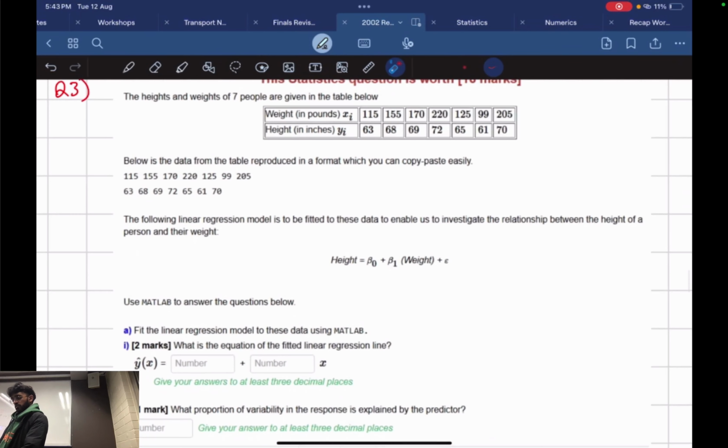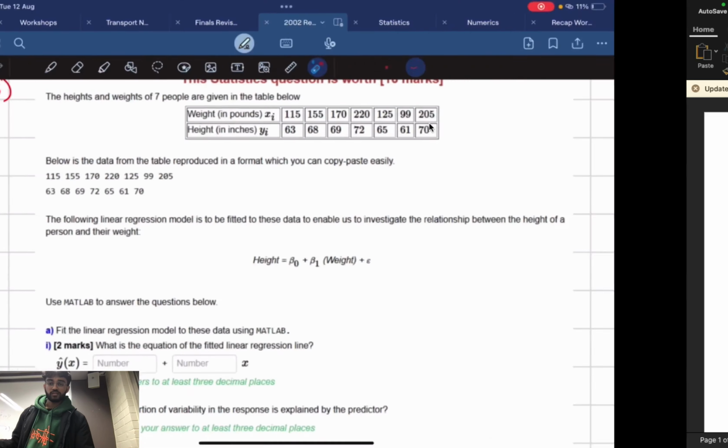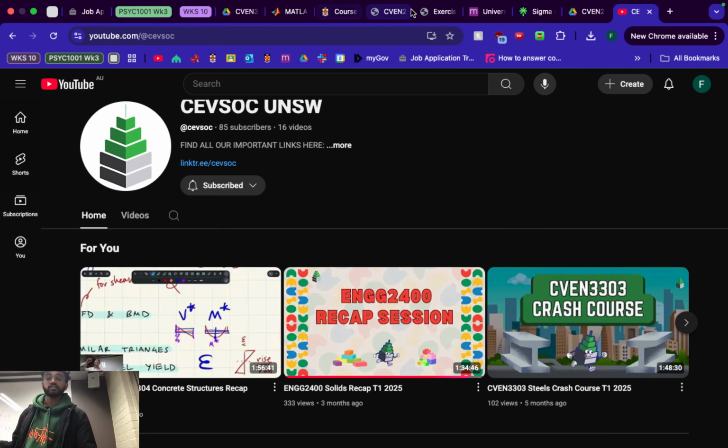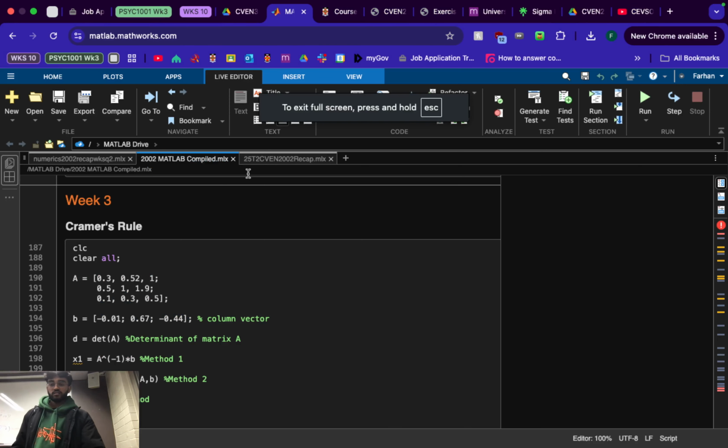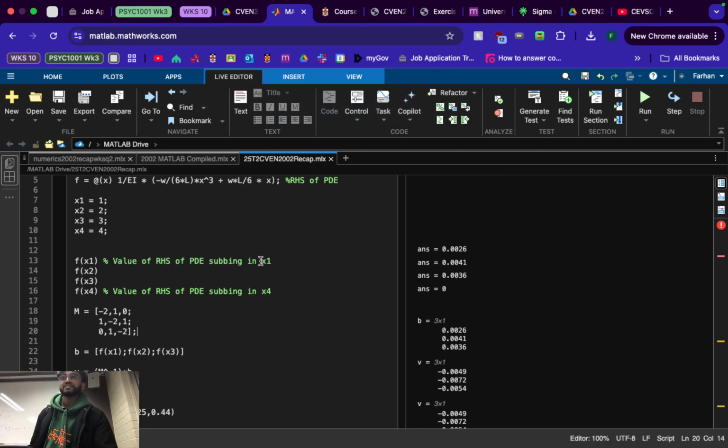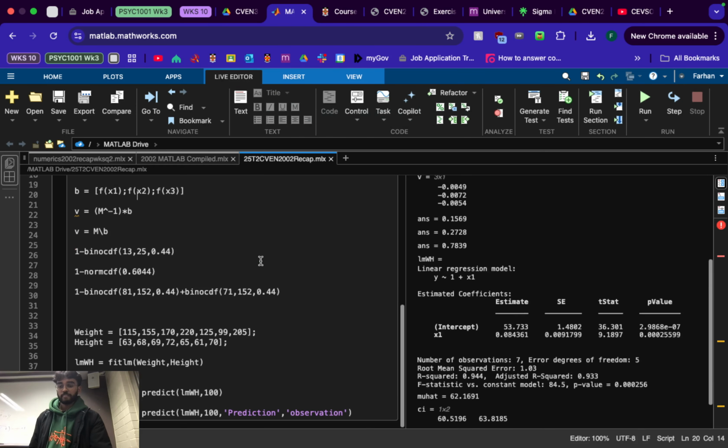Okay. So what I'm going to do in this question, I'm going to show you guys a bunch of MATLAB code. Honestly, I didn't memorize it last year. I got it wrong. Here it is.